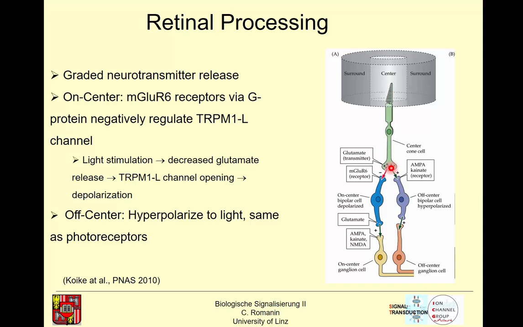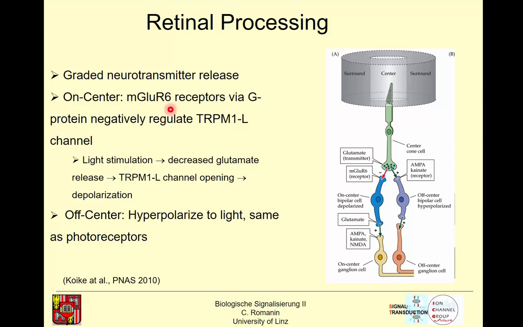Here in the dark, glutamate, as we've heard before, is released. Here we have a different glutamate receptor. And you see, this glutamate receptor is coupled via a G protein to another channel. This channel is a TRPM1 channel. It comes from the transient receptor potential ion channel family.